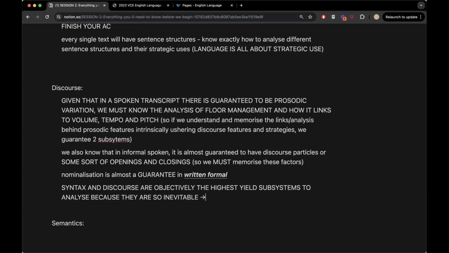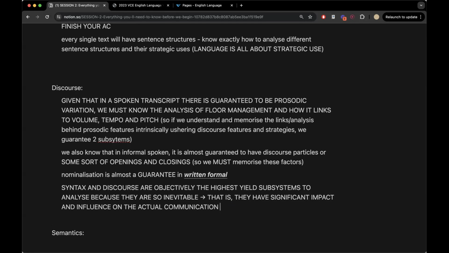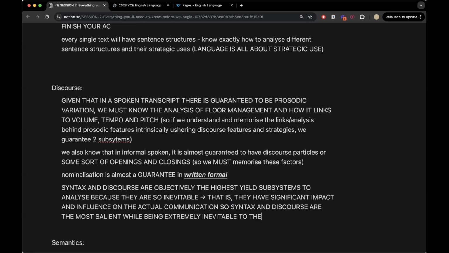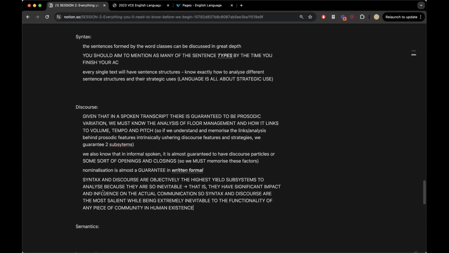And that is they have significant impact and influence on the actual communication. So syntax and discourse are the most salient while being extremely inevitable to the functionality of any piece of communication in human existence, right? So very important to keep that in mind, right?